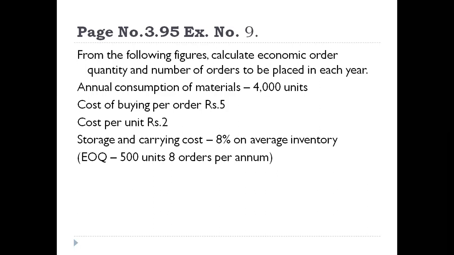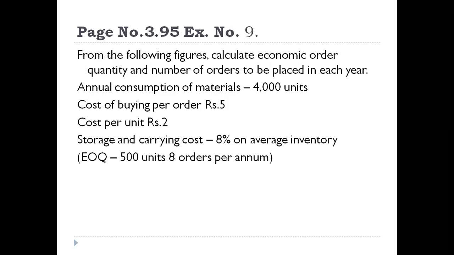Okay, 4,000 units multiplying cost of buying per order rupees 10. 4,000, 2 into 4,000 into 5 divided by 2 into 8%. That's all. So when the percentage is given, automatically you have to go back. What is the cost per unit? So the cost per unit you multiply with the percentage per annum. So 2 into 8 percentage, 4,000 into 5.